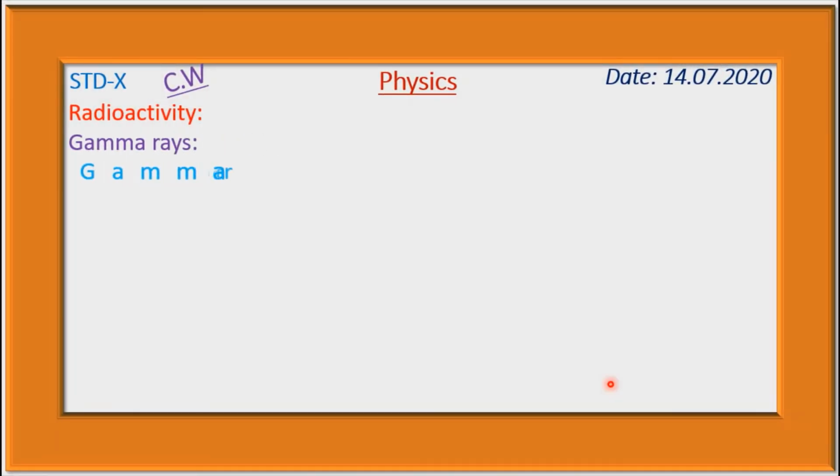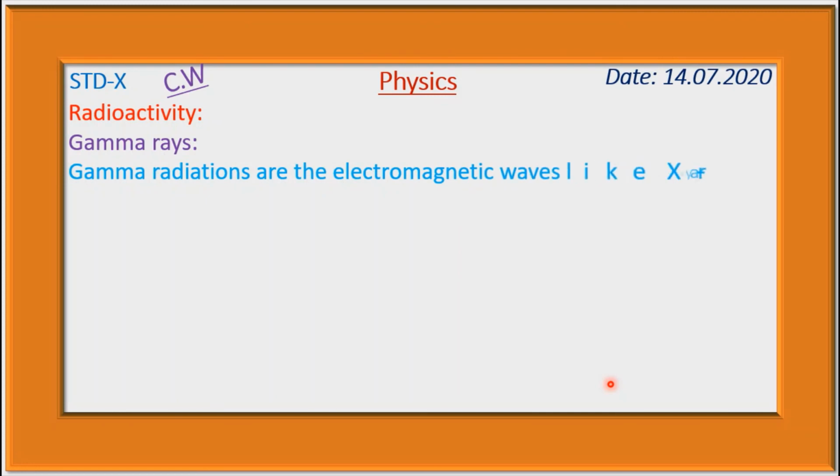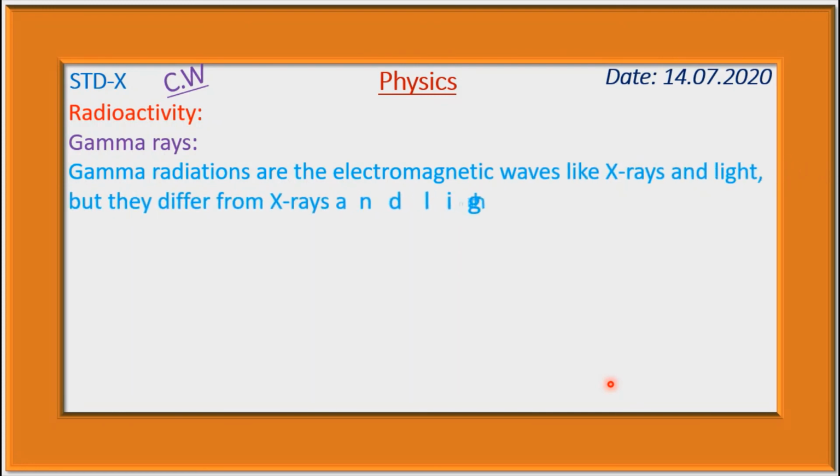Now gamma rays. Gamma radiations are electromagnetic waves like X-rays and light. X-rays are also electromagnetic waves and light is also an electromagnetic wave. Gamma radiations are electromagnetic waves like X-rays and light, but they differ from X-rays and light in wavelength.